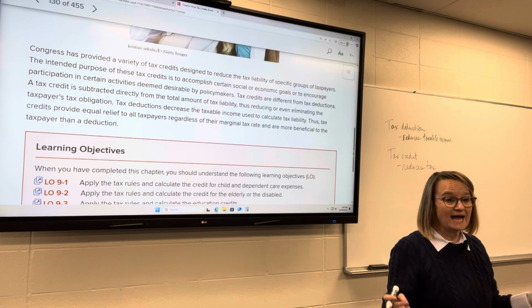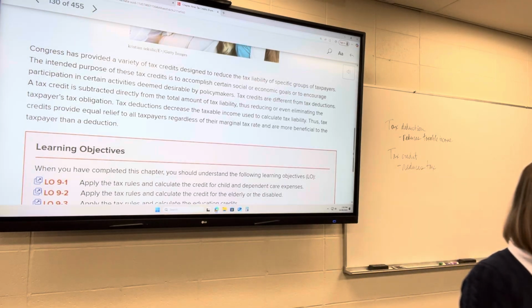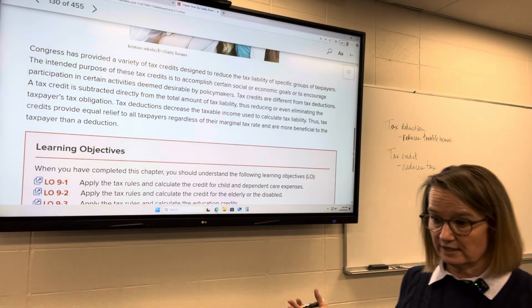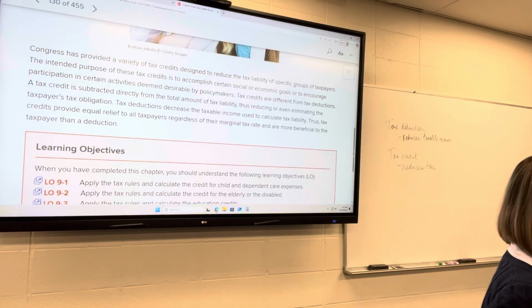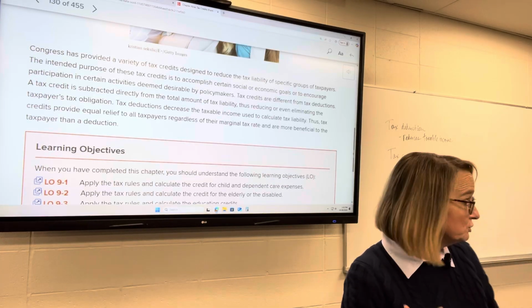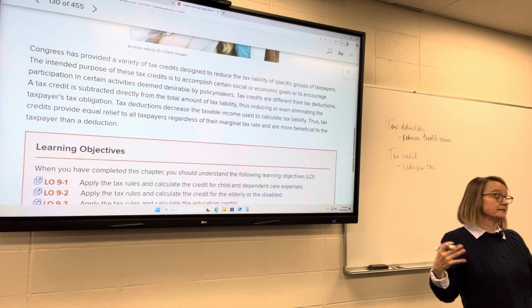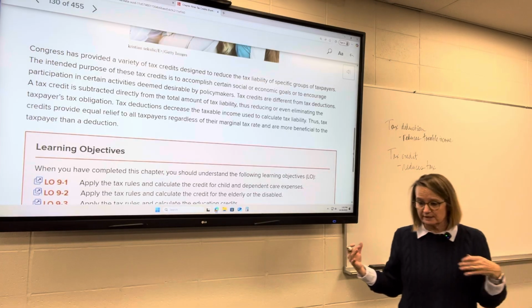That credit could reduce your tax liability dollar for dollar. So if your tax liability is $2,000 and you have a $2,000 tax credit, you don't owe any tax because it essentially eliminates that tax liability.